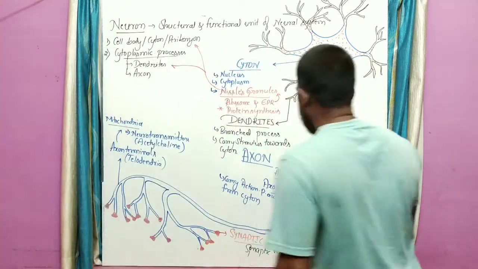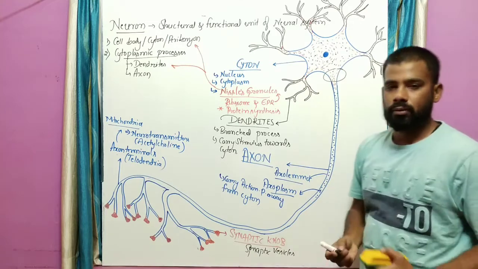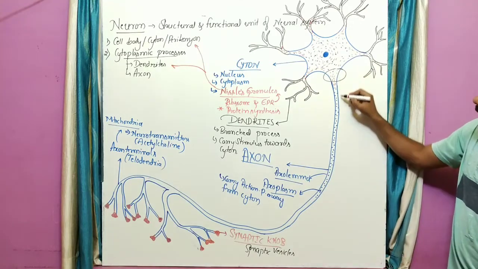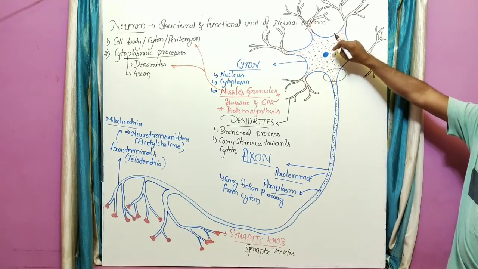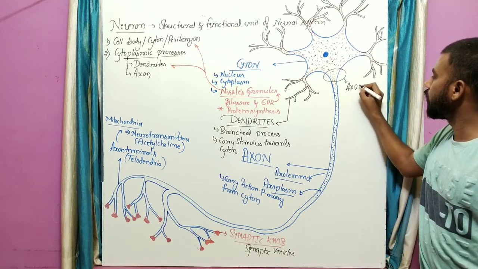So this is how the axon looks, and the area from where the axon emerges from the cell body is called the axon hillock.